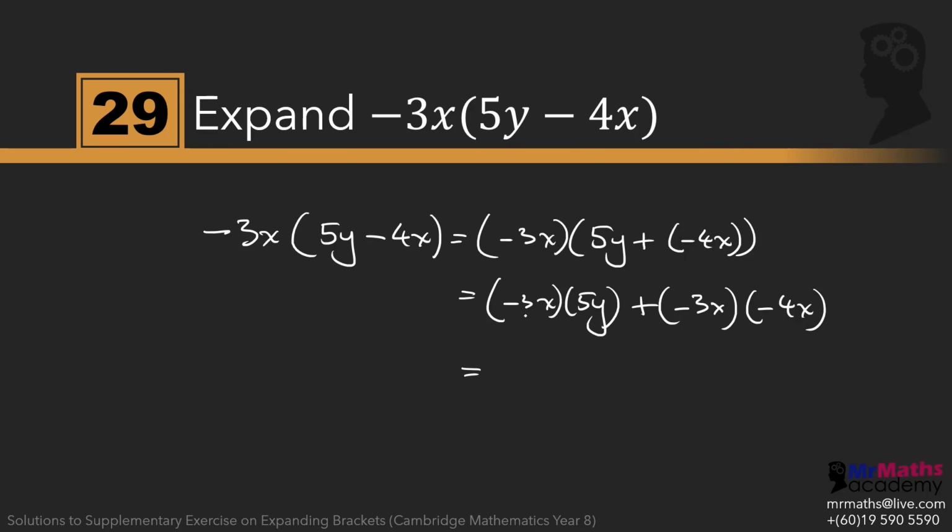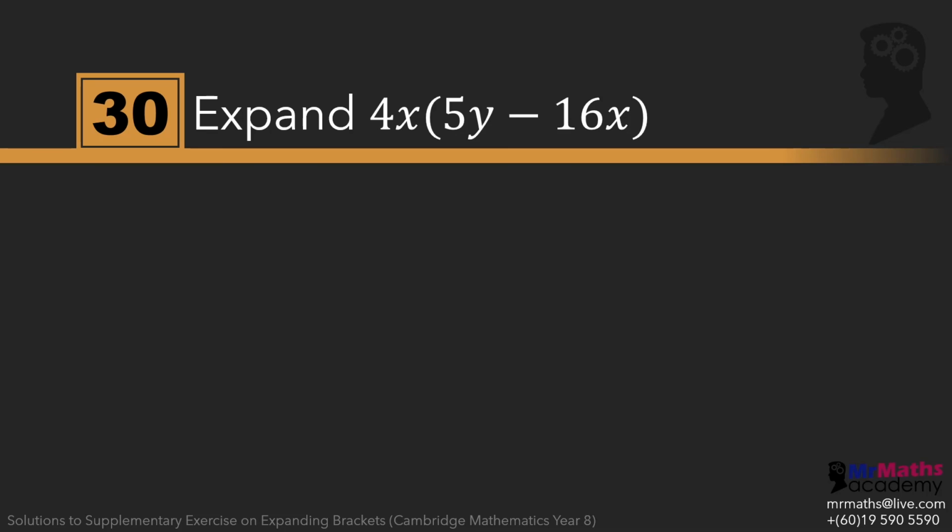So the first multiplication becomes minus 15xy. Let me just redo that, because the 1 and 5 are really close together. Minus 15xy plus, two minus terms multiplied together becomes positive, so 3 times 4 is 12x squared. So that's the answer.